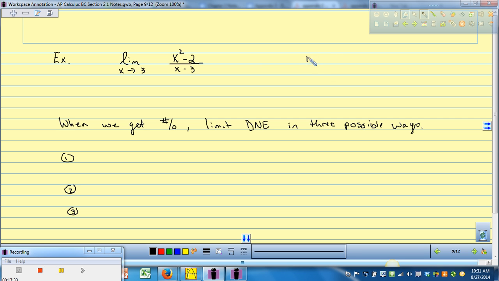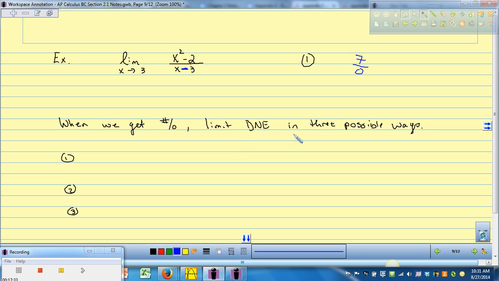And when we plug in, what do we get? It's x minus 3 on the bottom, yes. What do we get on top? 7 over 0. So we have this situation where it is undefined. Well, when we end up getting a number over 0, the limit will not exist. That is an undefined situation.